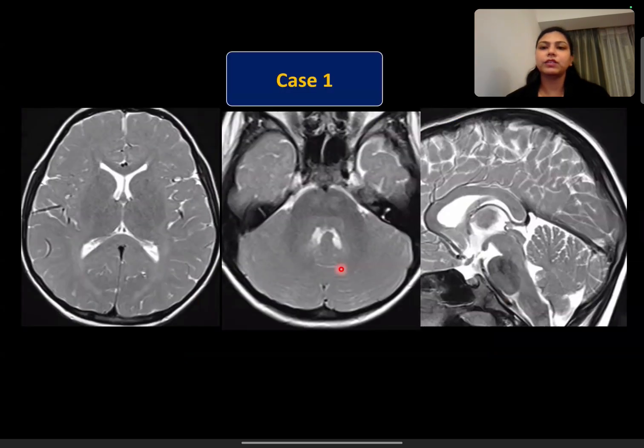So this is a case for you all. This is a boy who is having nystagmus and spasticity. So what are your thoughts about it? You can write in the chat. So what do you think this case is?